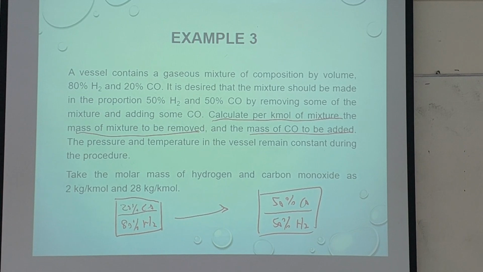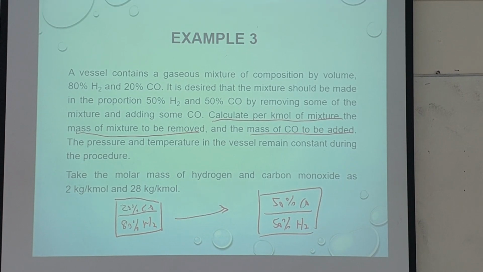Alright, so the complicated part of this question is this. It is very straightforward at the start, where you have a different mixture and you want to add CO until you come to 50. But when you are removing, since temperature and pressure are constant, the volume will be constant.